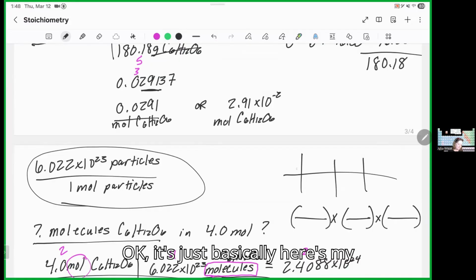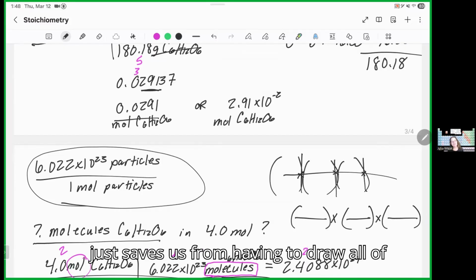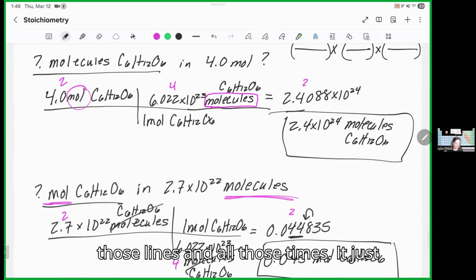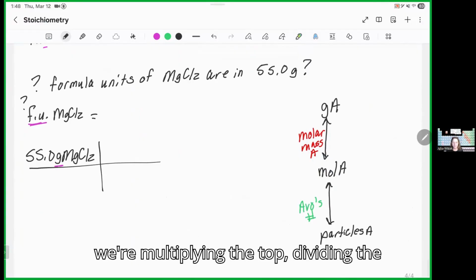It's basically here's my times, and here's my parentheses. It just saves us from having to draw all of those lines and all those timeses. It just saves time. So just recognize that we're multiplying the top, dividing the bottom.